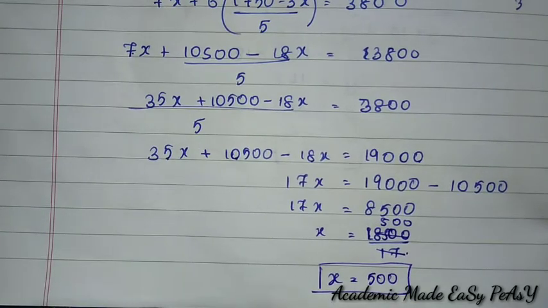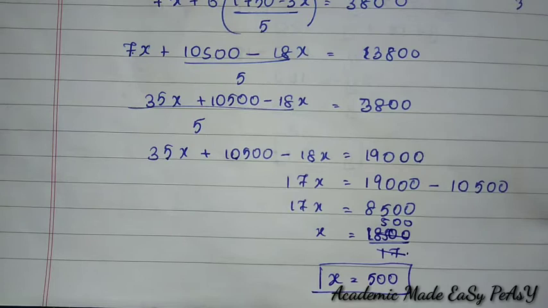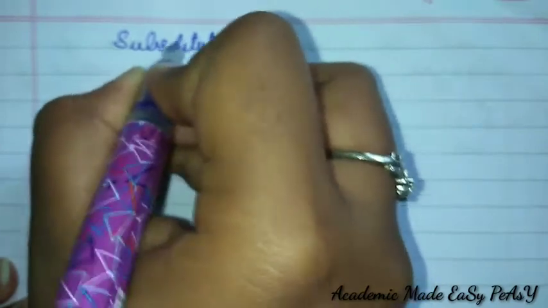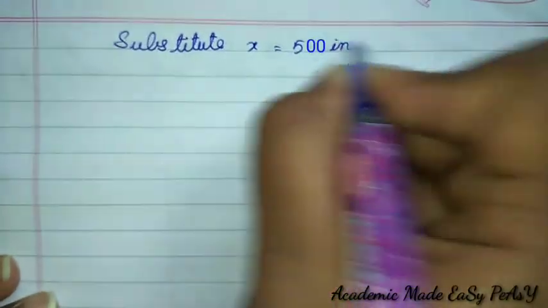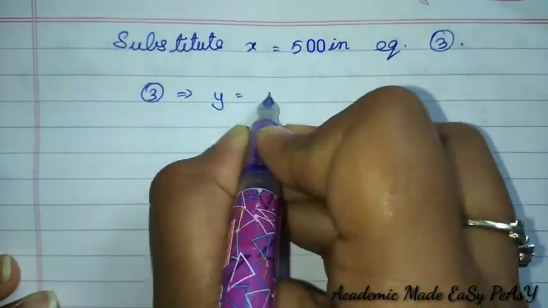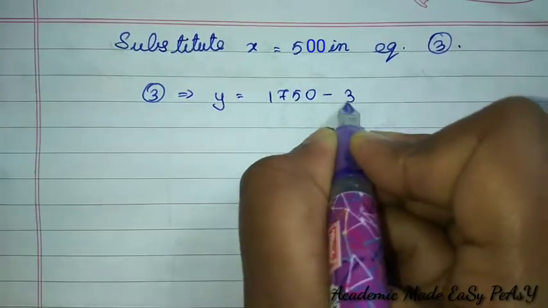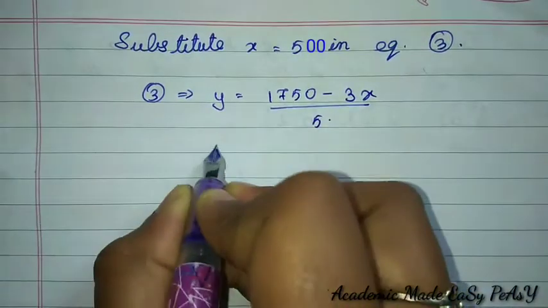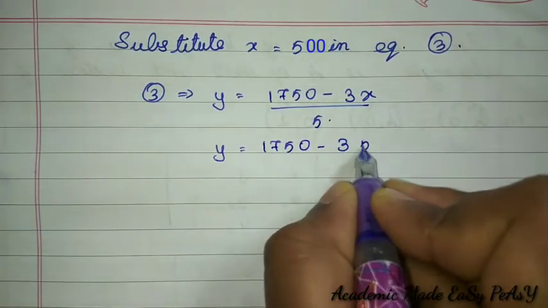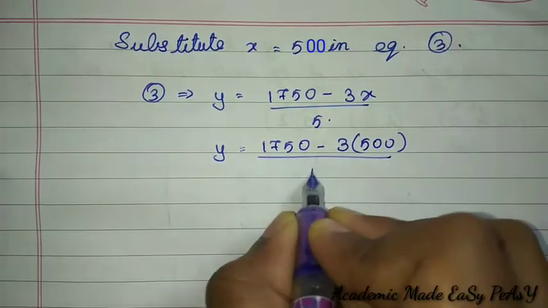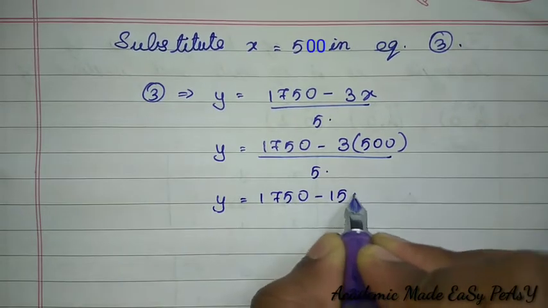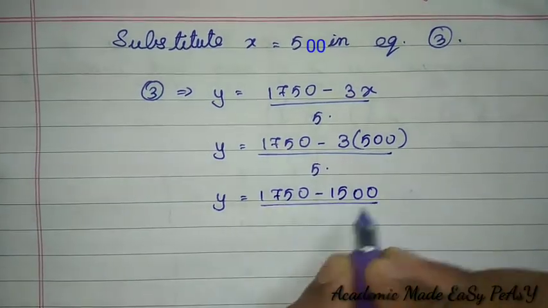So now let us substitute the value of x in equation 3. So substitute x is equal to 500 in equation 3. So equation 3 implies y is equal to (1750 minus 3x) divided by 5. So y is equal to (1750 minus 3 into 500) divided by 5, as the value of x is 500. So y is equal to 1750 minus 1500 divided by 5.